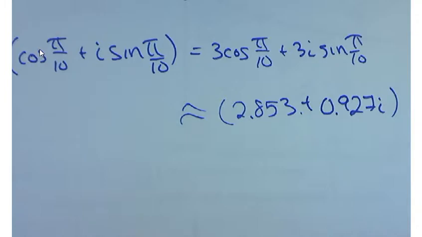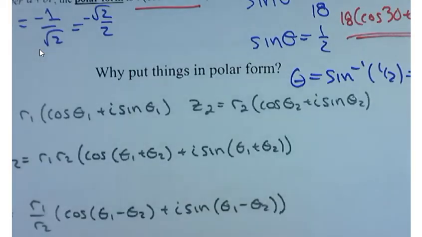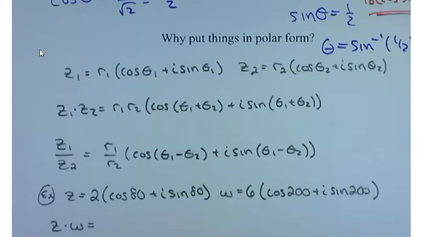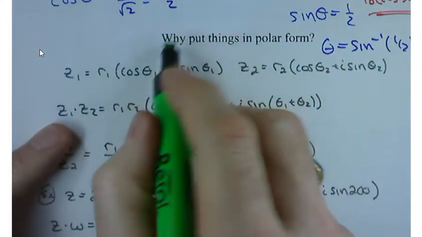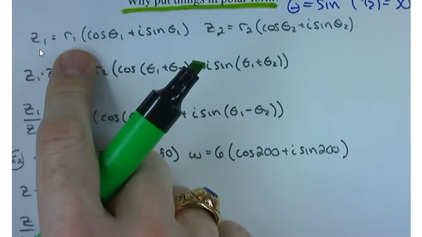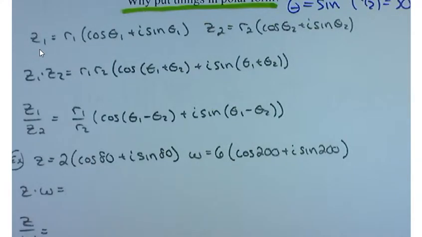Now, part of the beauty of this kind of thing is right down here. So, good question. Why put things in polar form? Well, one of the things you can do quite easily when things are in polar form is multiply numbers.